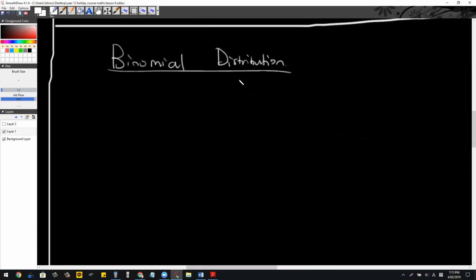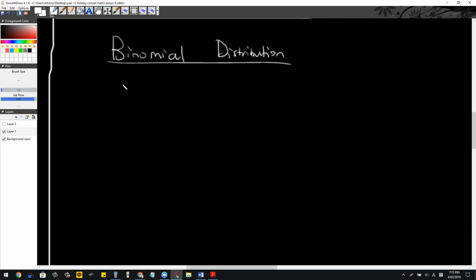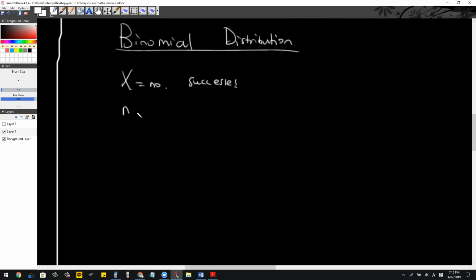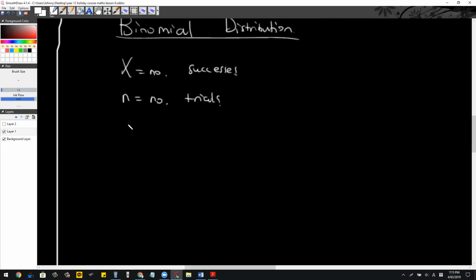So binomial distribution was used, where X is the number of successes, N was the number of trials, and P is the probability of success.